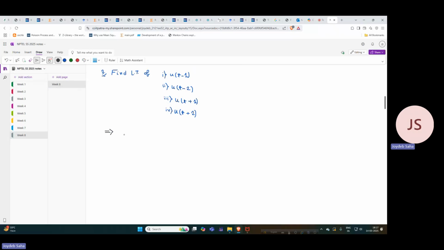We know that the Laplace transform of u of t is one upon s.